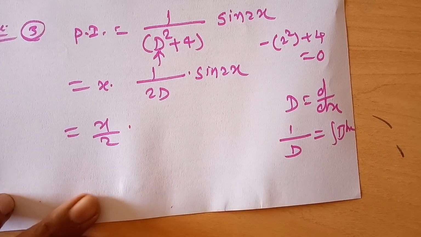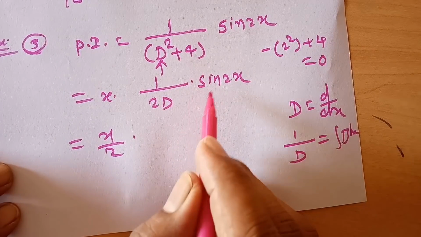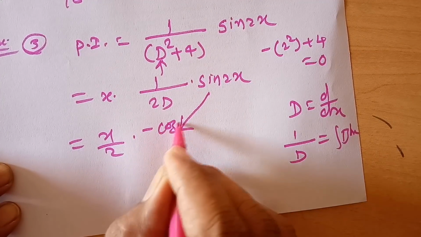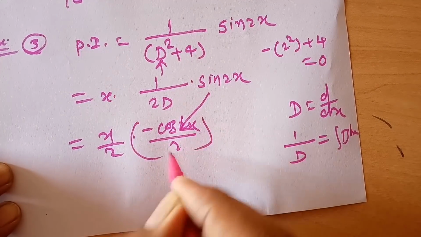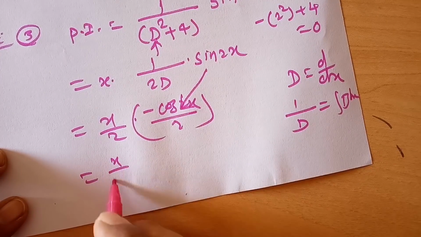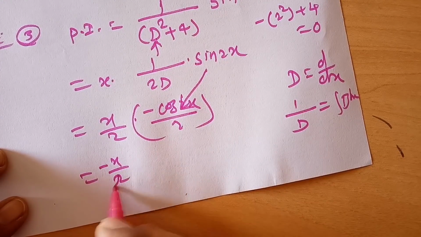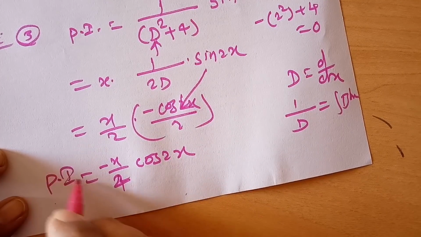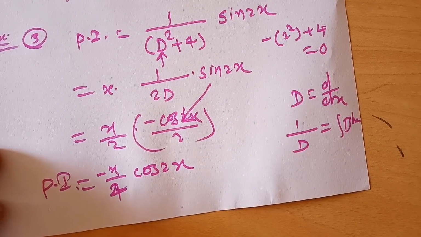Keep in mind 1 by D means integration. Therefore we have to find here integration of this sine function. We are getting minus cos of 2x divided by 2, which is equal to x divided by 2, or I will write here minus x divided by 4 into cos of 2x. This is our PI.